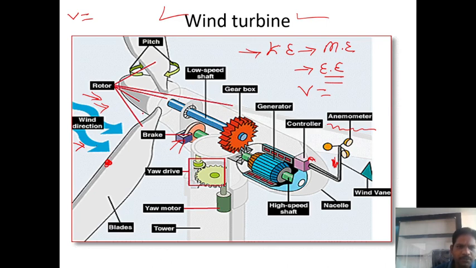Suppose that due to excessive speed the wind turbine rotates very fast and there is larger damage or an accident occurs. To avoid such effects, the braking system is used. The function of the braking system is to stop the rotation of the wind turbine, guys.